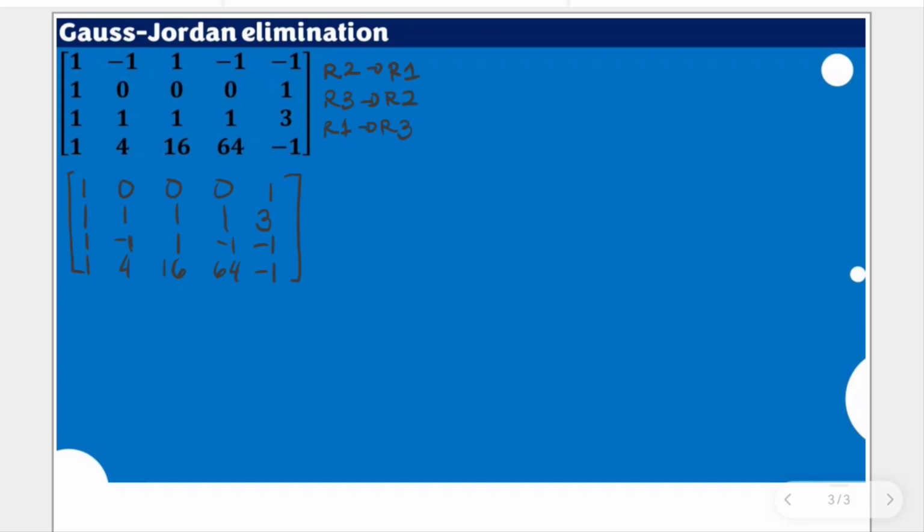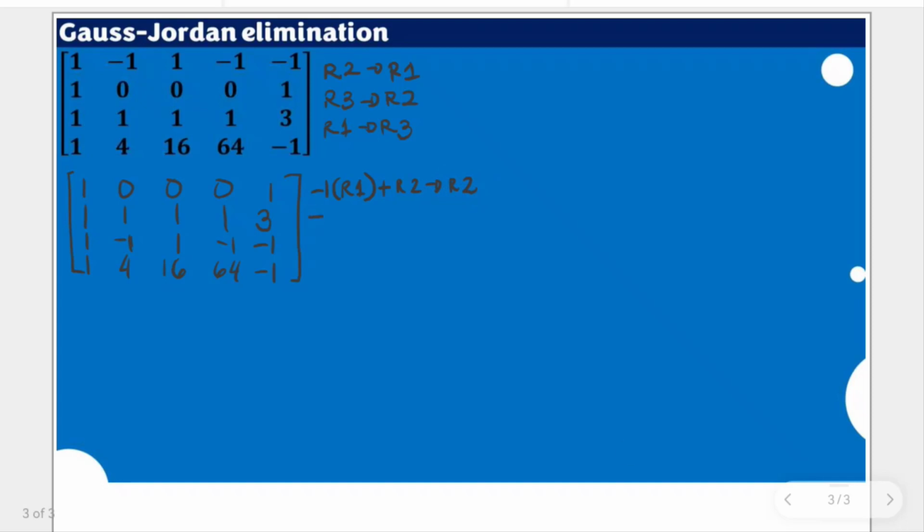Now from here, we are going to make sure that the first entry of the second, third, and fourth rows will be reduced to 0. And with that, let's apply these processes. We'll multiply negative 1 to row 1, add it to row 2 for the new row 2.